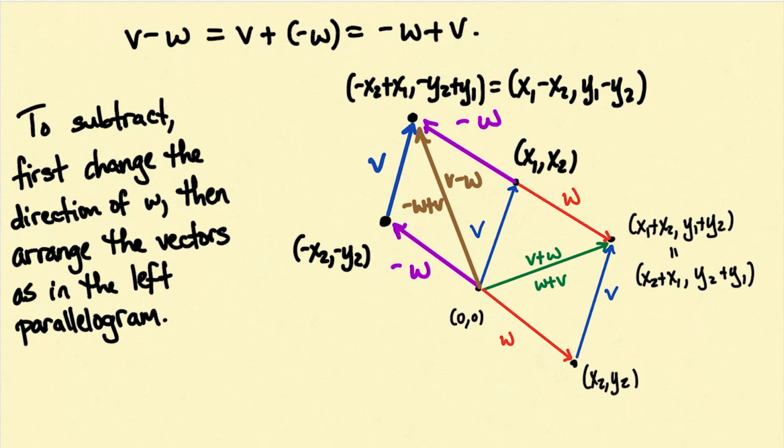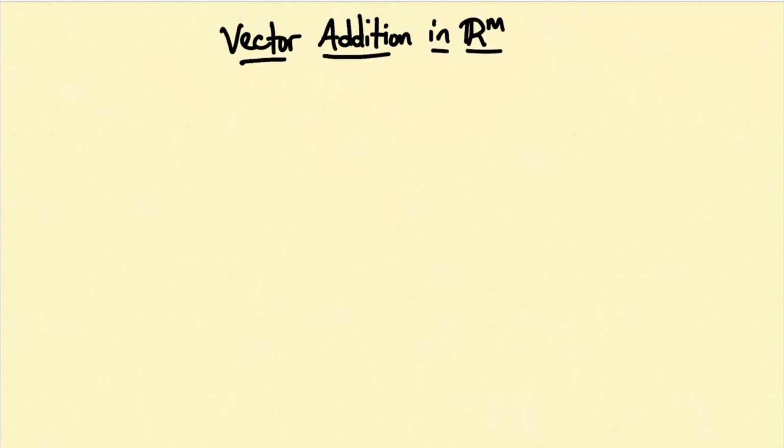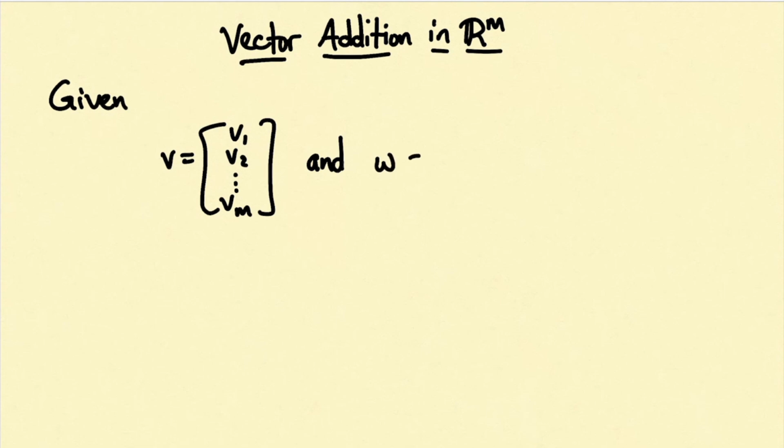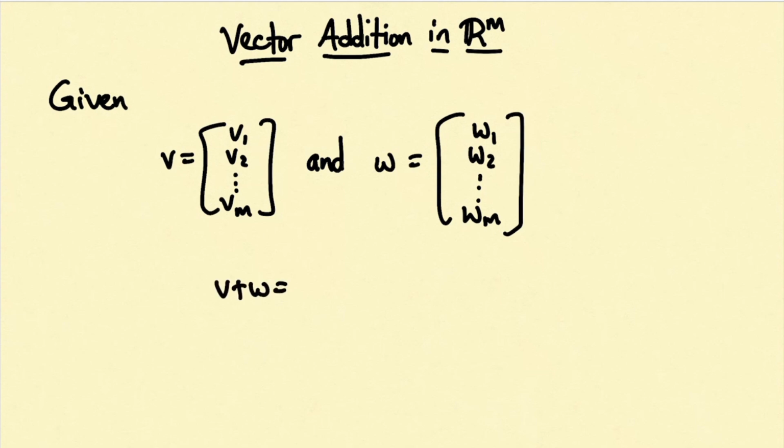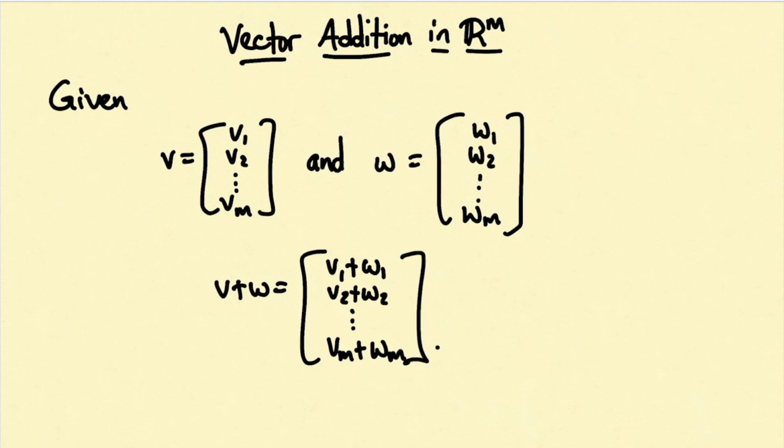So using the techniques we've developed for generalizing to higher dimensions, we're now ready to define vector addition in general. So given two vectors, v, whose components are v1 through vm, and w, whose components are w1 through wm, of the same dimension, we define their sum to be the vector whose components are the component-wise sum of the components of v and w.